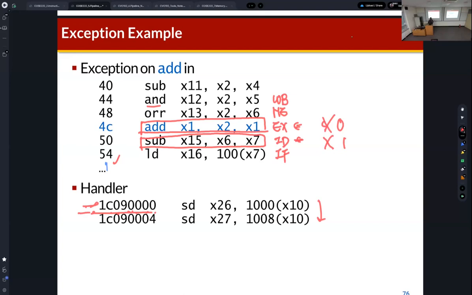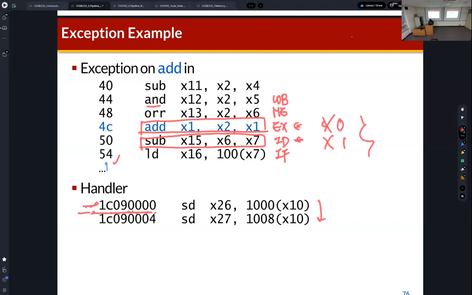Then what should we do? I explained that when an exception is detected, the add instruction needs to be flushed, and then the sub and load instructions need to be flushed. But in this example, there are two exceptions. What should we do?